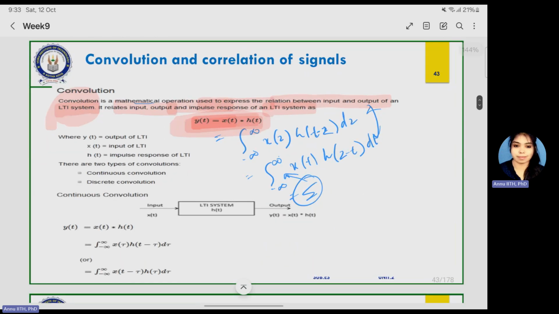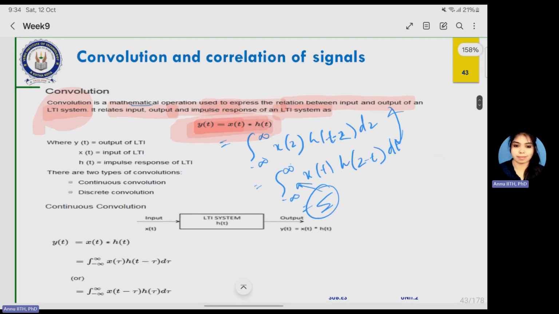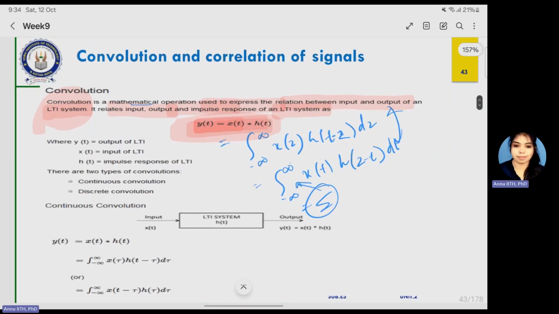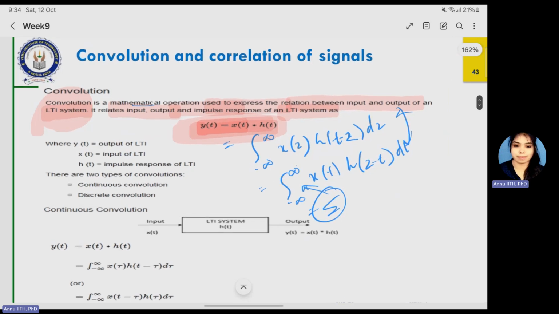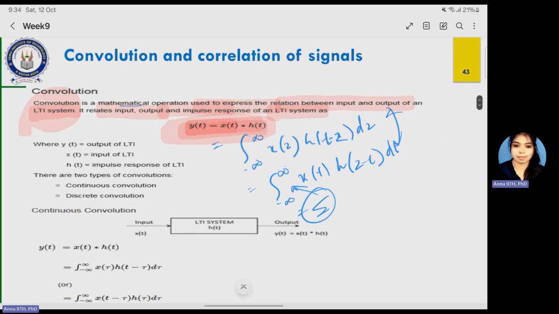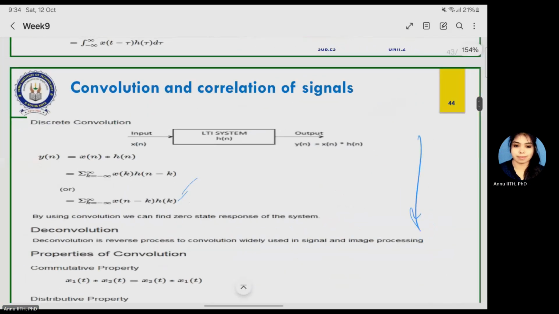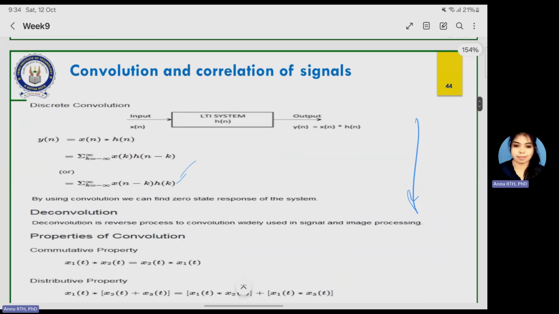So this is very important, this correlation and convolution relationship. The correlation of any two signals can be represented as a convolution of one signal with a negative version of the other signal. Okay. So in that case, you can refer to that. These are some properties that you should know.